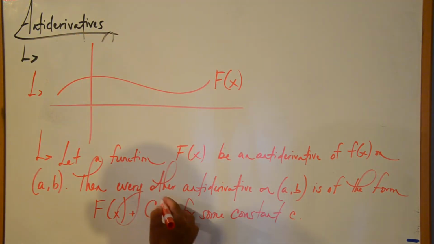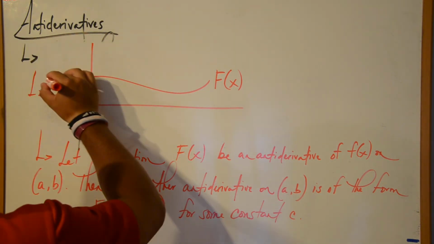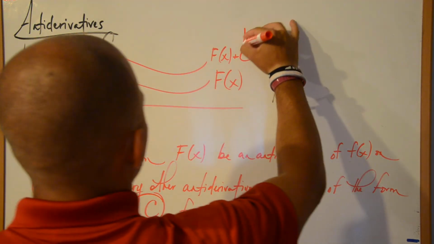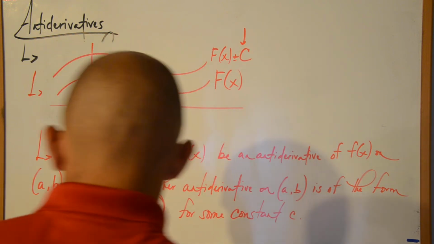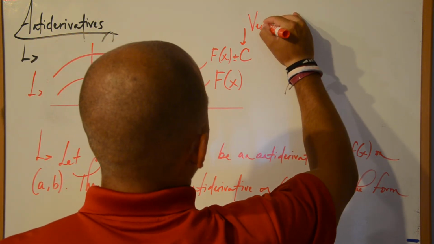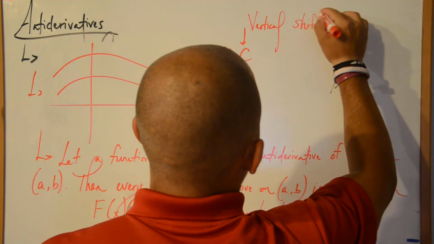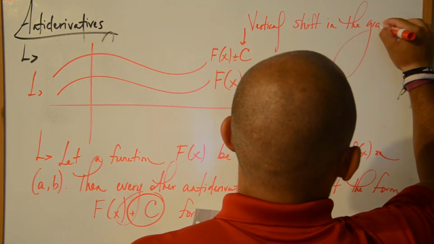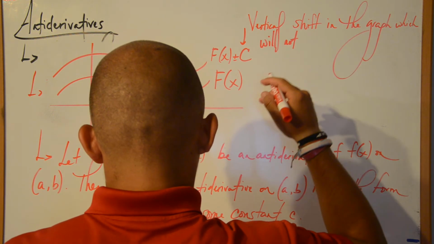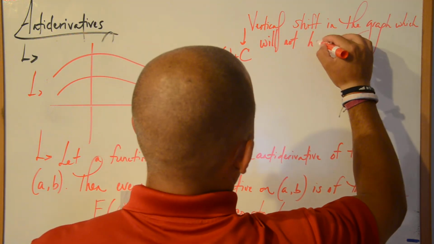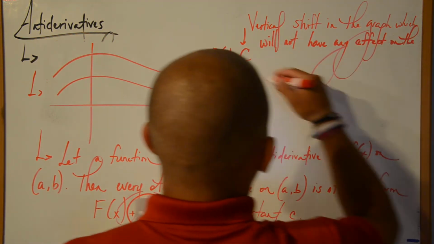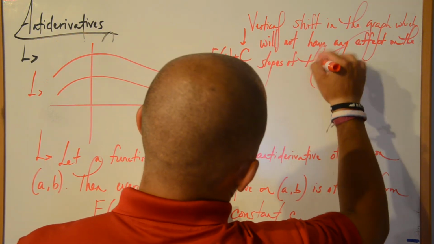If we were arbitrarily adding or subtracting some value c, you should know from your studies in Algebra 2 that when we add or subtract some value c, this is only going to cause a vertical shift in the graph, which will not have any effect on the slopes of the tangent lines.